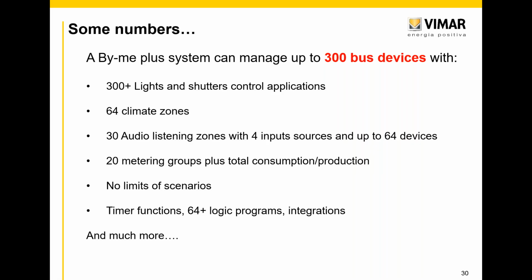We are talking about more than 300 lights, shutters, and timers, and so on application, 64 clima zones, 30 audio listening zones with 4 inputs, sources, and 64 devices maximum, 20 metering groups in terms of metering the consumption, the productions, and so on.